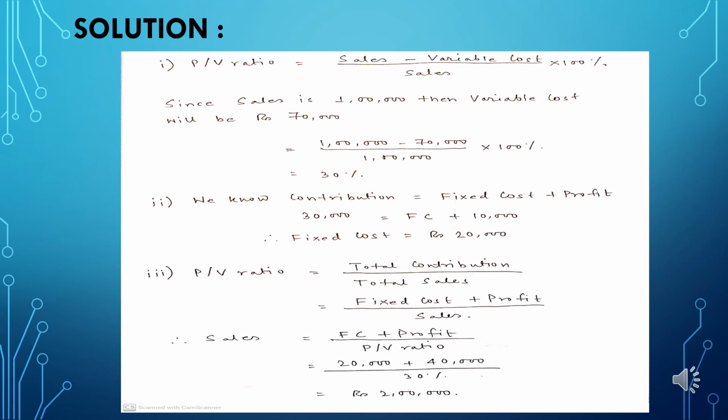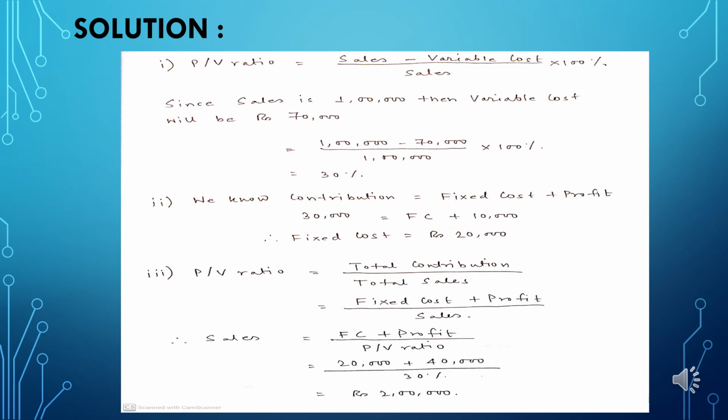Contribution can be subdivided into sales minus variable cost, so the PV ratio formula becomes sales minus variable cost divided by sales into 100%. So we get 1 lakh minus 70,000 divided by 1 lakh into 100%, which gives the PV ratio as 30%.